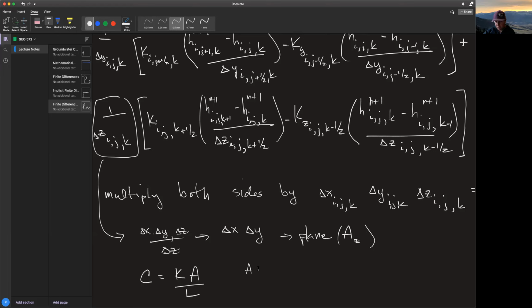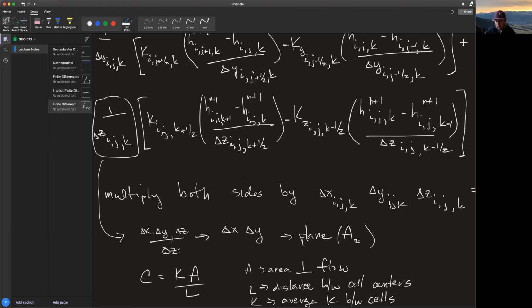So A is area perpendicular to flow, and L is the distance between cell centers, and K is the average K between cells.